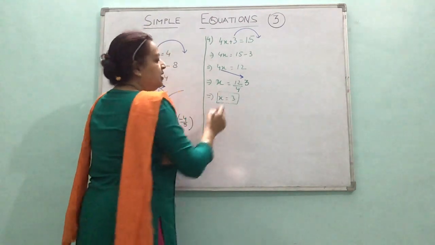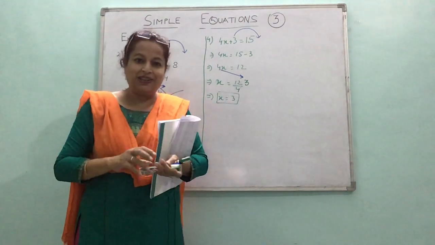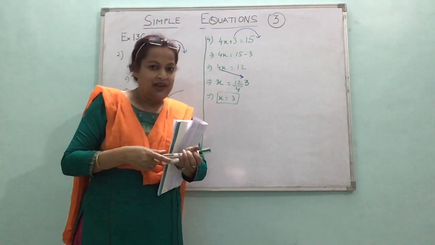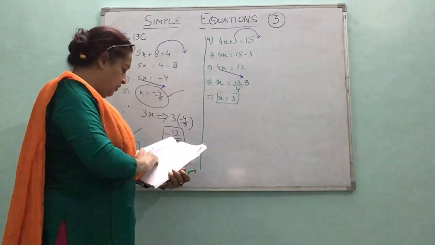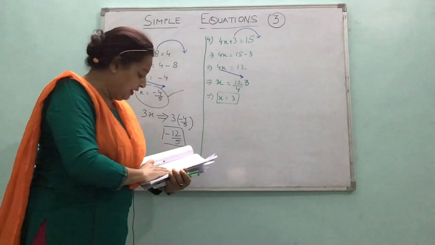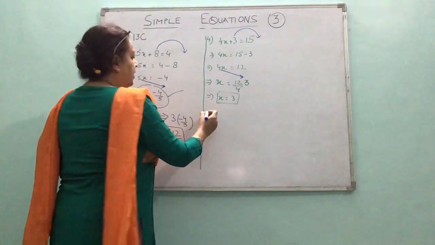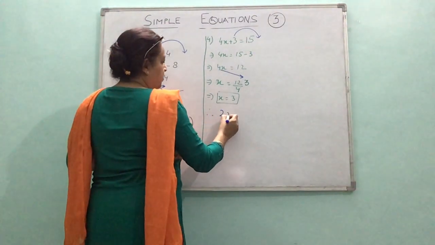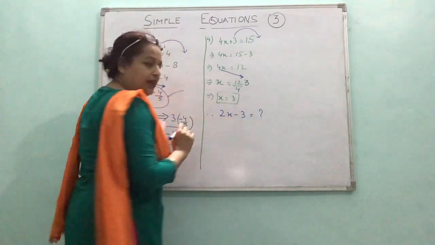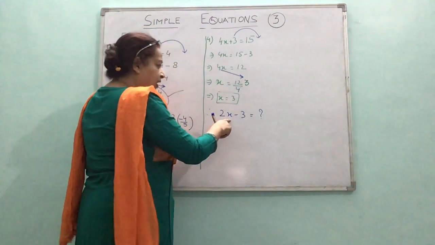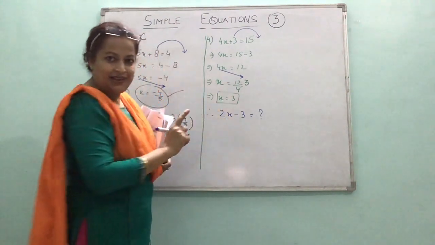But the question doesn't just say find value of x. This is one of my steps in between. Now they are asking us to find value of what? What is the question? Find value of 2x minus 3. Therefore, 2x minus 3, I have to find its value. Right? So wherever there is x, I'll put value as 3.